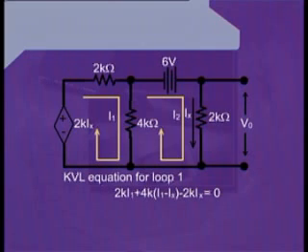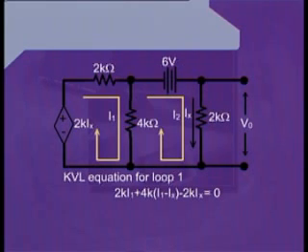After writing this term, we reach the end of the 2K ohm resistance and the beginning of the 4 kilo ohm resistance, which is the boundary resistance between the two meshes, mesh number 1 and mesh number 2. Therefore, this resistance has a value of 4 kilo ohms. Also, we can observe that through this resistance two currents are flowing, that is, the current I1 and the current I2.